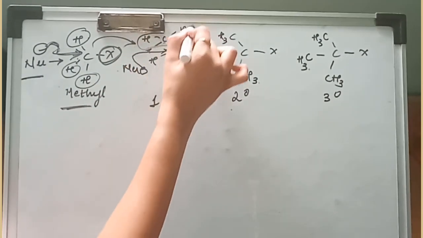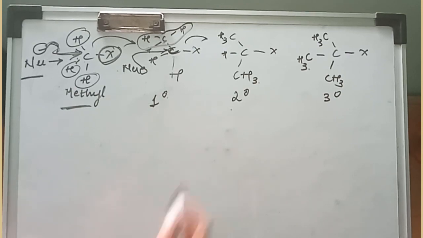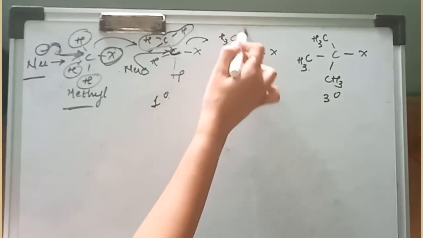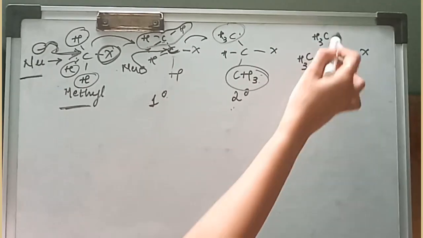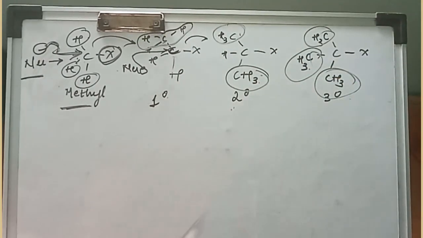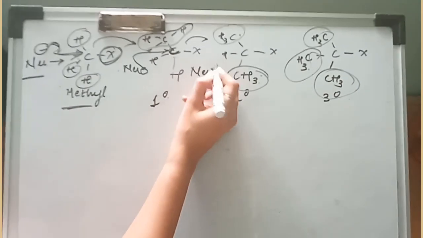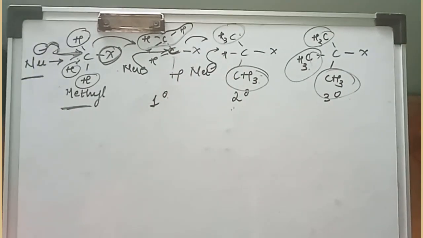Here there is a bulky group, that is CH3. In case of secondary and tertiary, the bulkiness will be increasing. Here 2 CH3 groups are there. Here 3 CH3 groups are there. As a result, what happens? The nucleophile will not get sufficient space because these groups are bulky in nature.